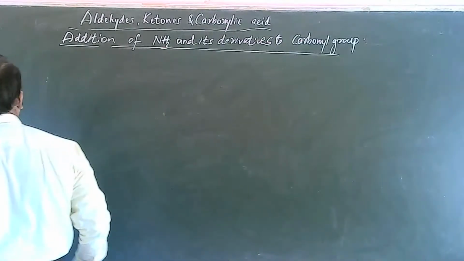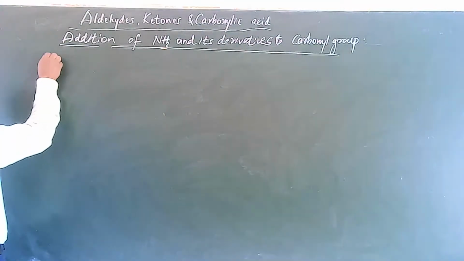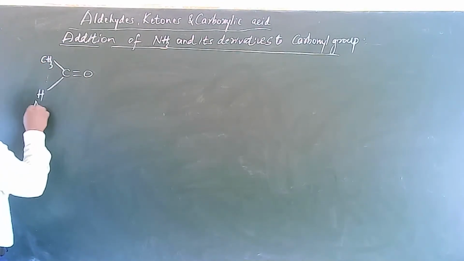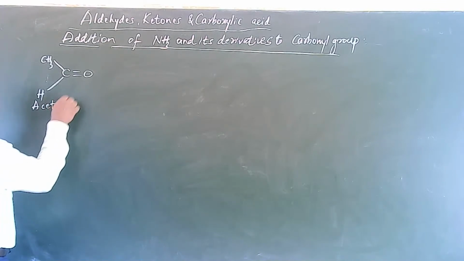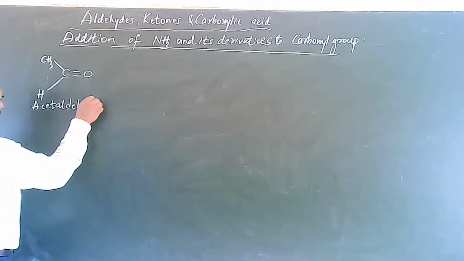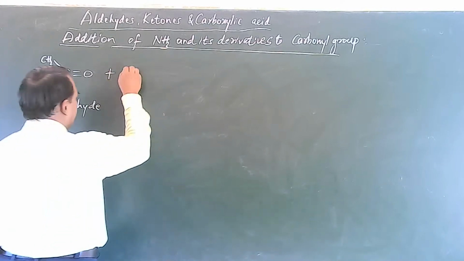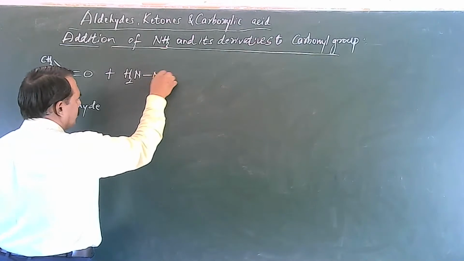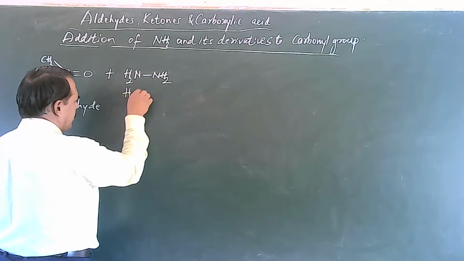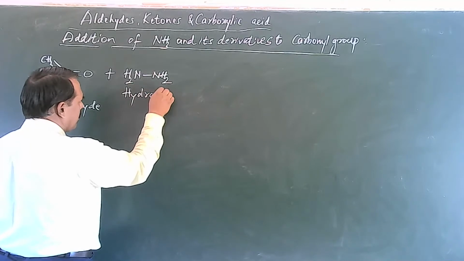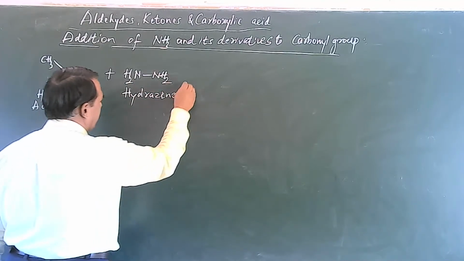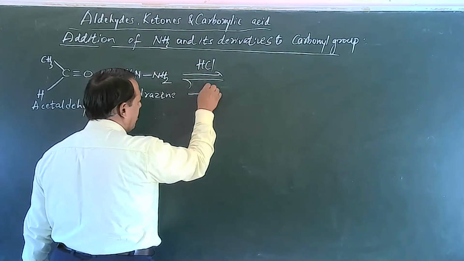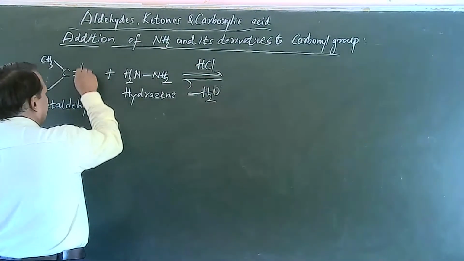Particularly, take an aldehyde, CH3 C double bond O H, which is acetaldehyde. When it reacts with hydrazine, H2N NH2, which is called hydrazine, it is a reversible reaction in the presence of HCl, and removal of a water molecule takes place.